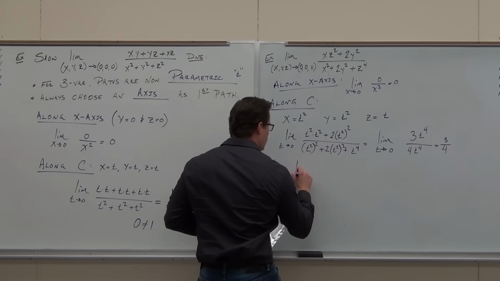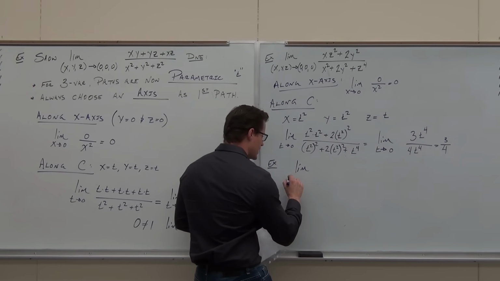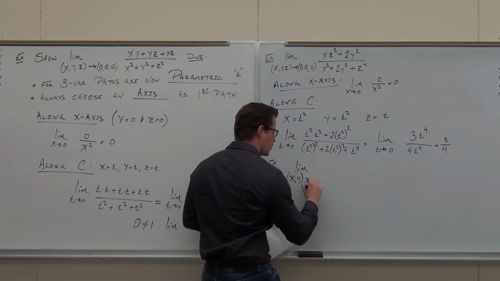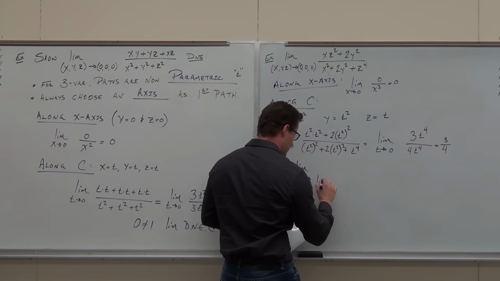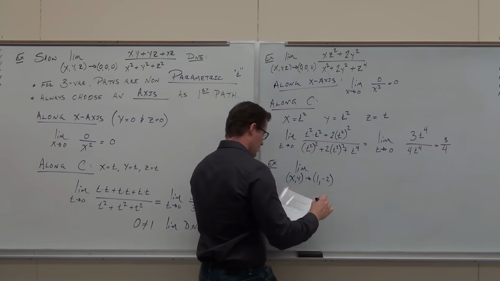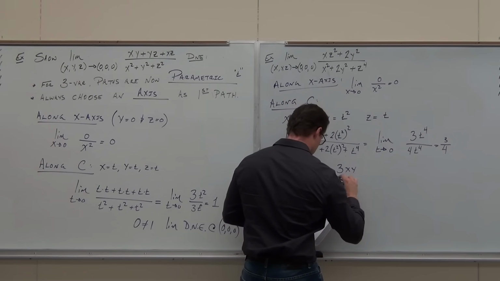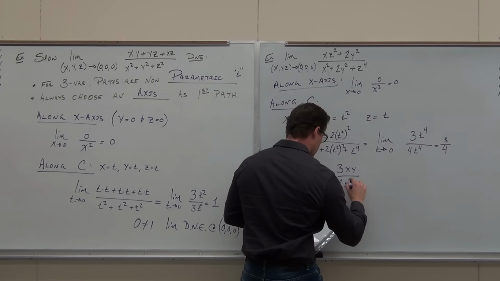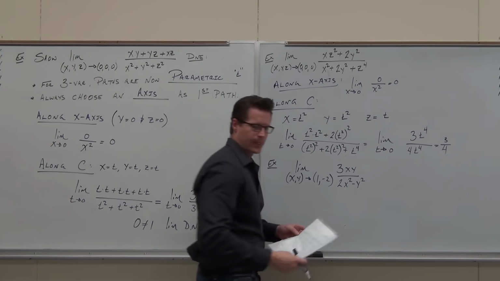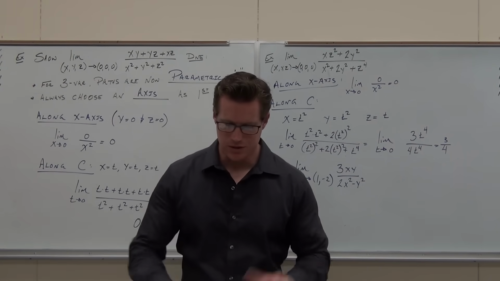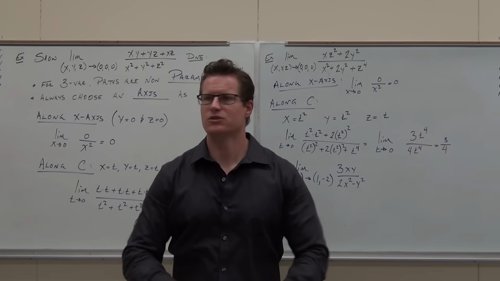So the how. Whenever we're evaluating limits, I don't care what class you're in up through calculus, the first thing I want you to do is plug the numbers in. Just plug them in.